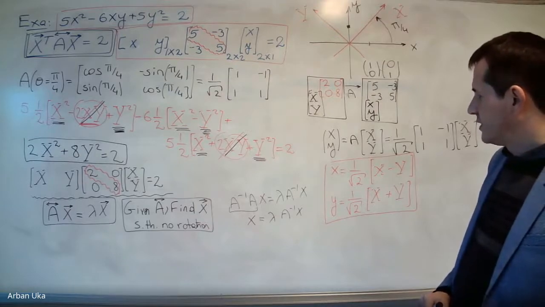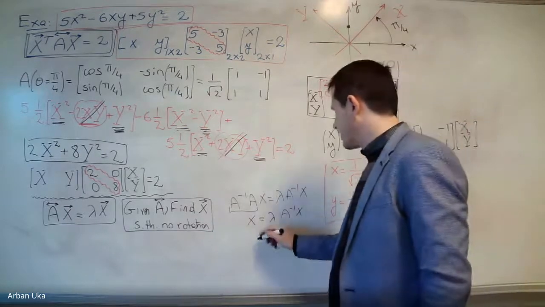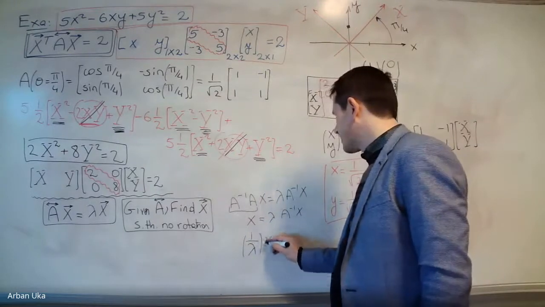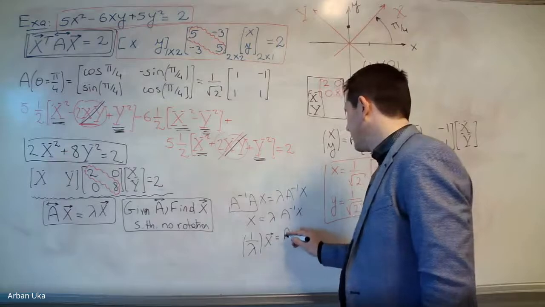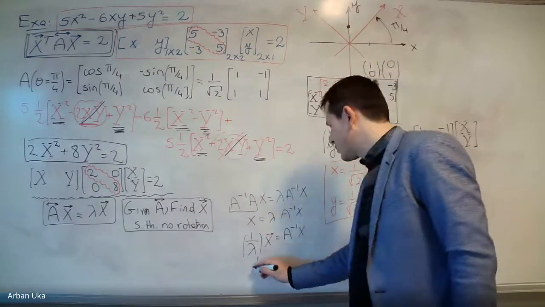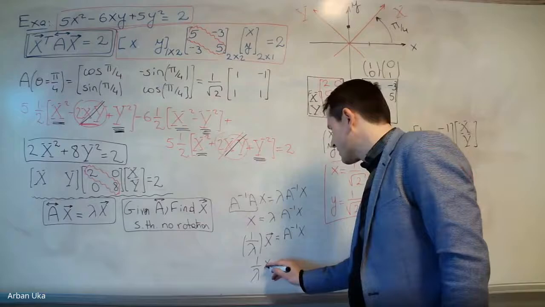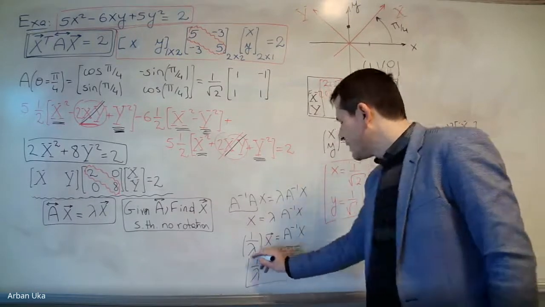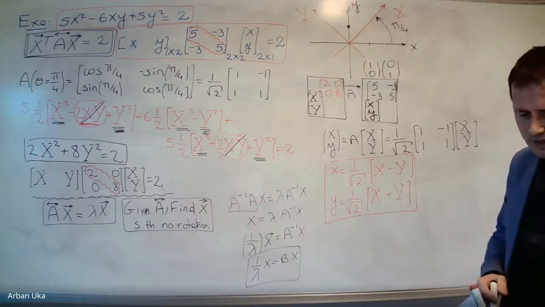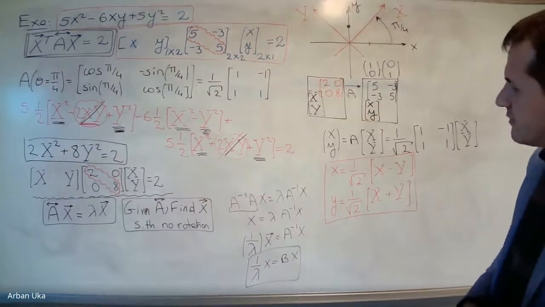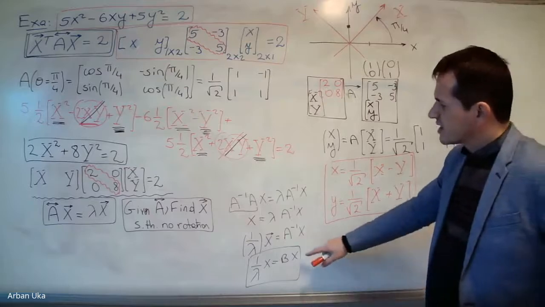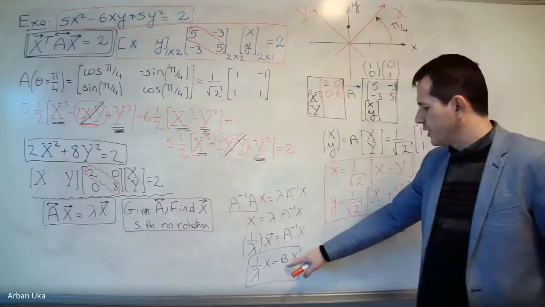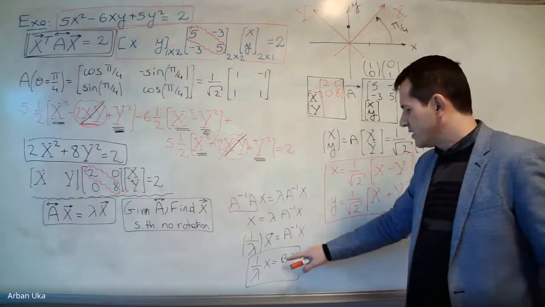Now, this system of equations can also be written like this: 1 over lambda times x is equal to A inverse times x. So 1 over lambda times x is equal to a matrix B times x. What you helped us understand is that for these specific values of x, we can find a matrix B which, multiplied with x, inverts this magnification.